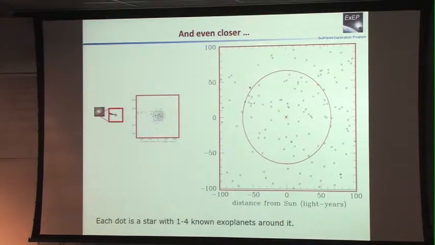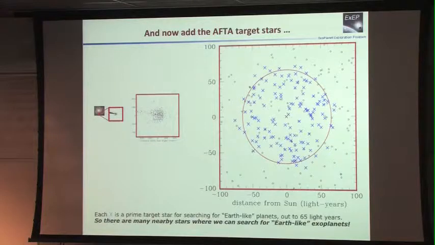And if we look even closer, this is the number of known planets that are around stars. And if we just add all the stars that are perhaps prime candidates for searching for planets on the X's, then we can see that there's a lot more to be discovered in the solar neighborhood.